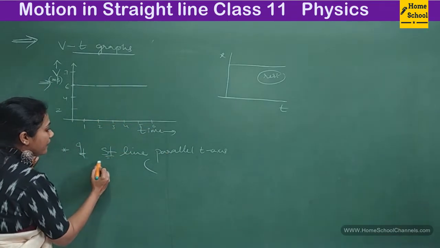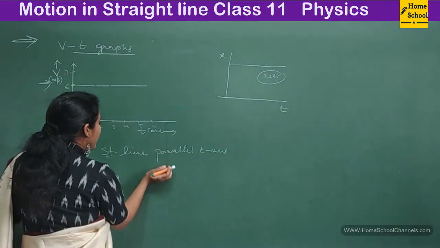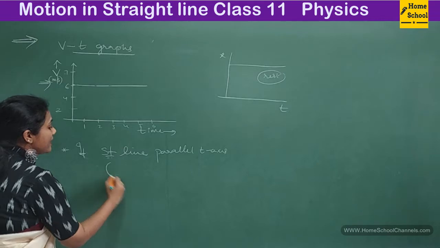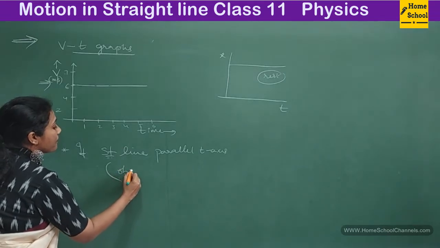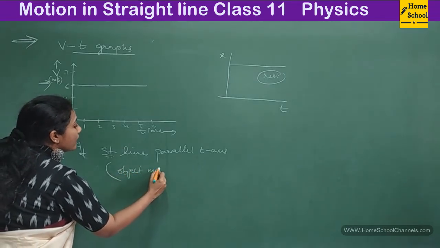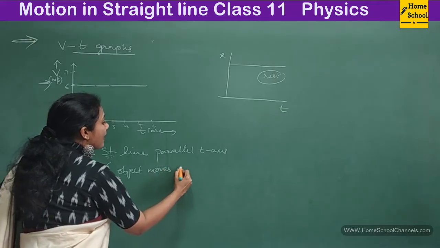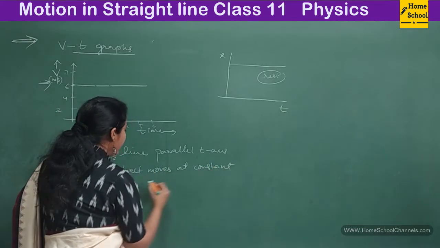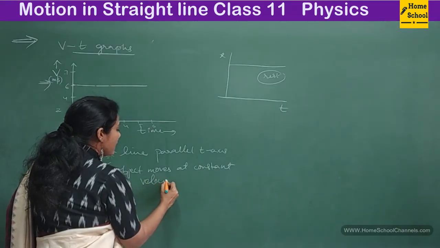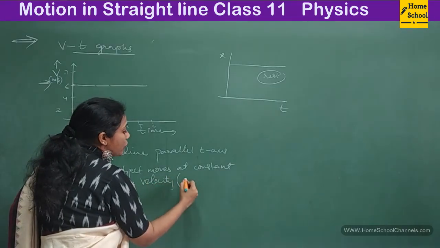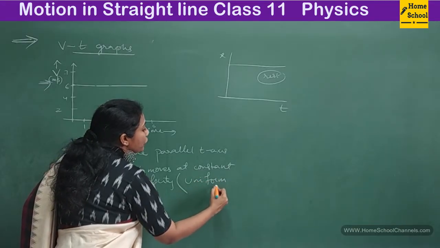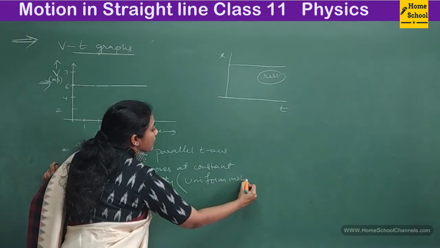What does this mean? So what is the meaning of this line parallel to the t axis? It means that the object moves at constant velocity. Okay, so that means it's talking about uniform motion. It means uniform motion.